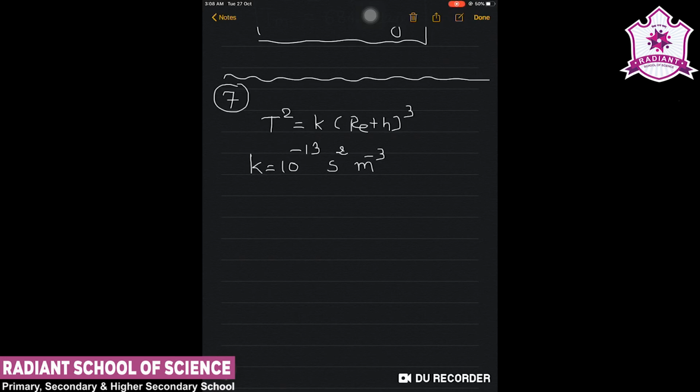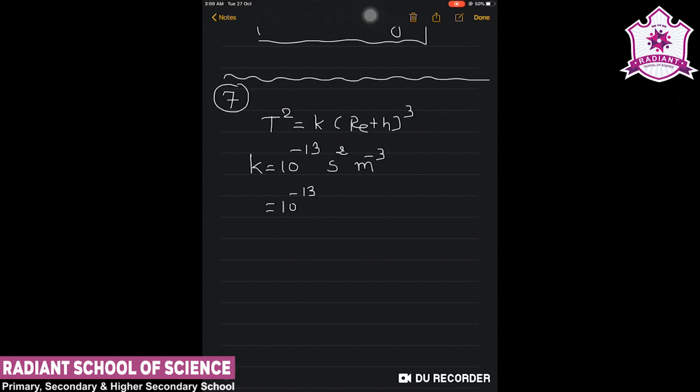Here the Moon is at a distance of 3.84 into 10 to the power 5 kilometers from the Earth, and we are to obtain its time period of revolution in days. So first of all we will convert it from the SI system to days and kilometers.